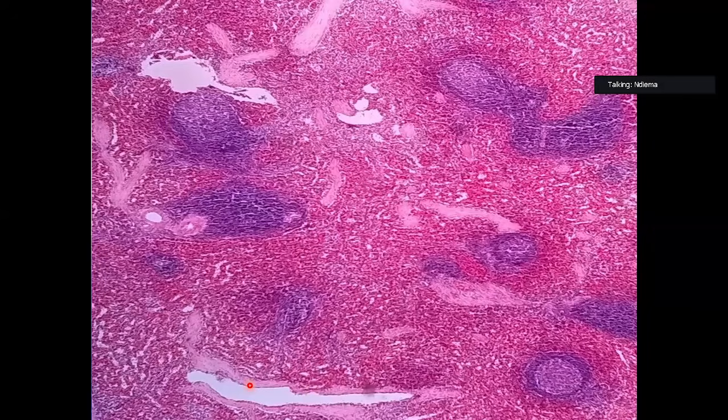The central artery breaks out into the penicillar arteries. And then in the area of the junction between the red pulp and the white pulp, the penicillar arteries break down into sheathed capillaries. We have two methods of blood flow.